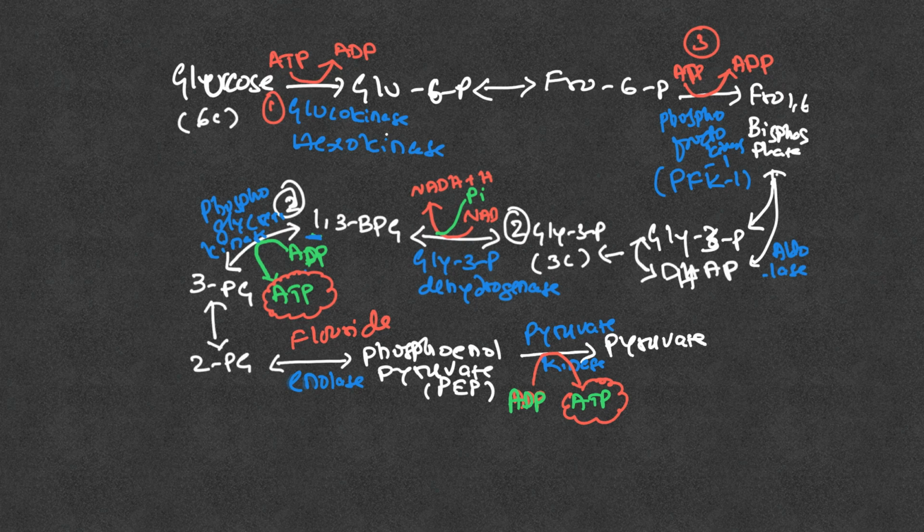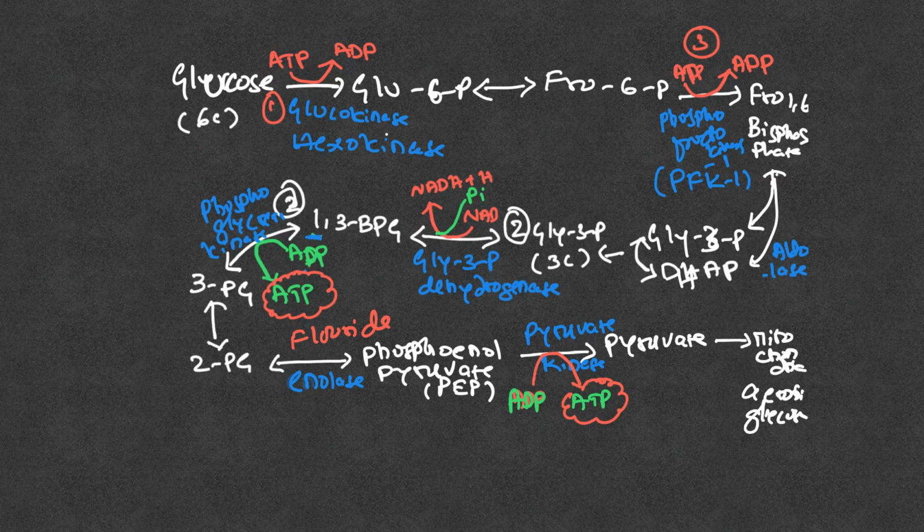So we got pyruvate now. Now what will happen to this pyruvate that is generated by pyruvate kinase, which is an irreversible reaction? Now the pyruvate has two options. Pyruvate can enter into mitochondria. So if mitochondria and oxygen are present, pyruvate can enter into mitochondria by the pyruvate transporter, and aerobic glycolysis will go on.